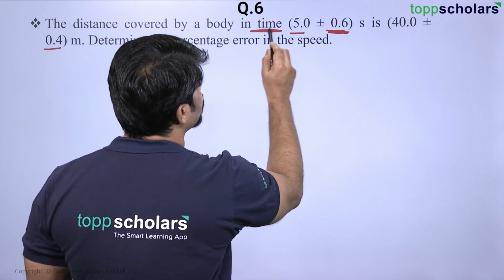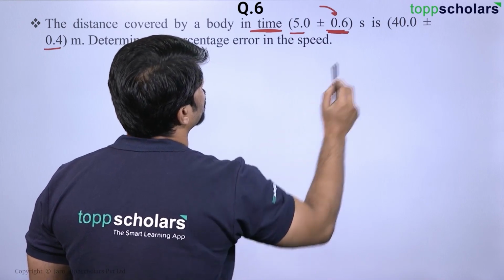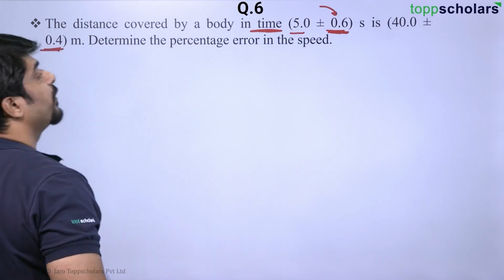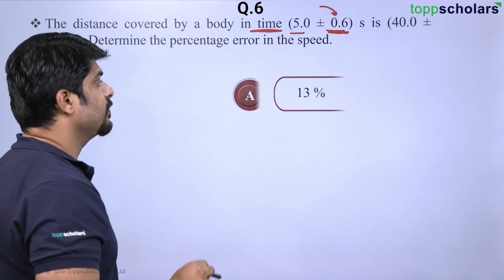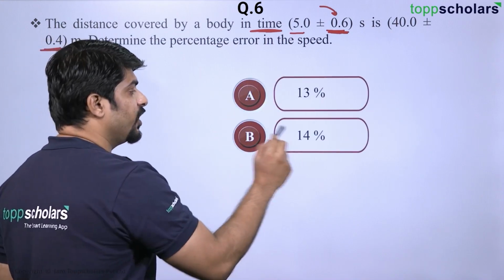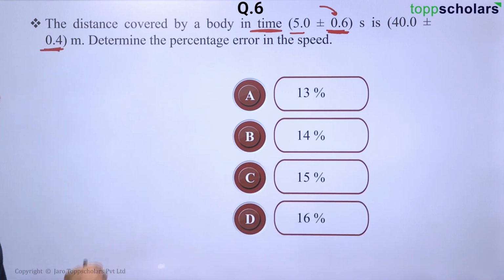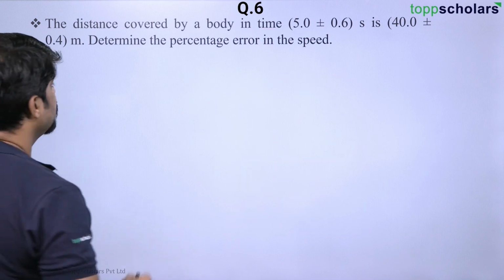First, time is uncertain by this much amount, and then distance is also uncertain by this much amount. Determine the percentage error in the speed. Options are 13%, 14%, 15% and then 16%. Okay, so let us find out the solution.